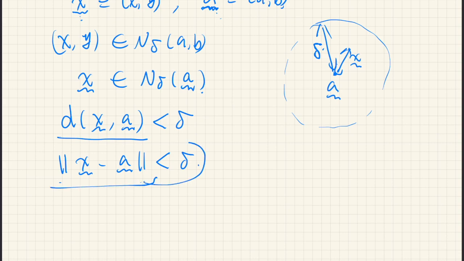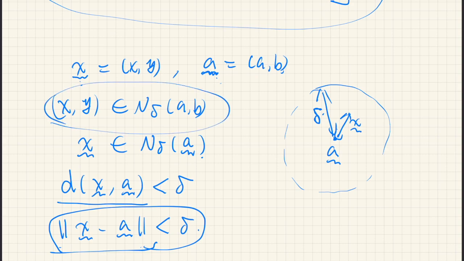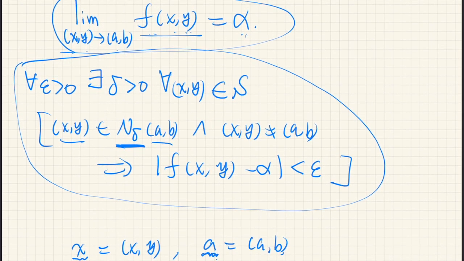So if we use this notation, just replace this with this, and vice versa. They are the same thing. So instead of writing like this, we could write x minus a less than delta.